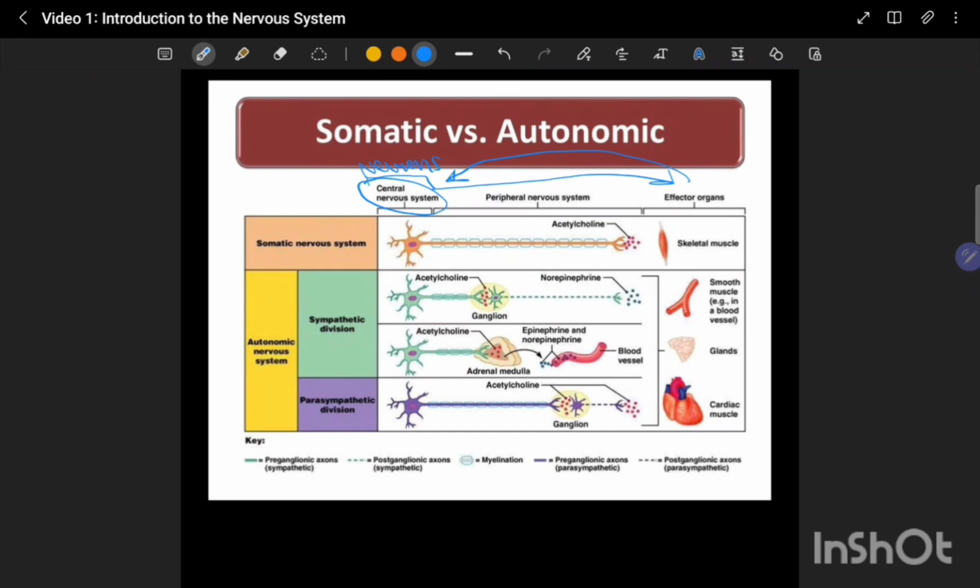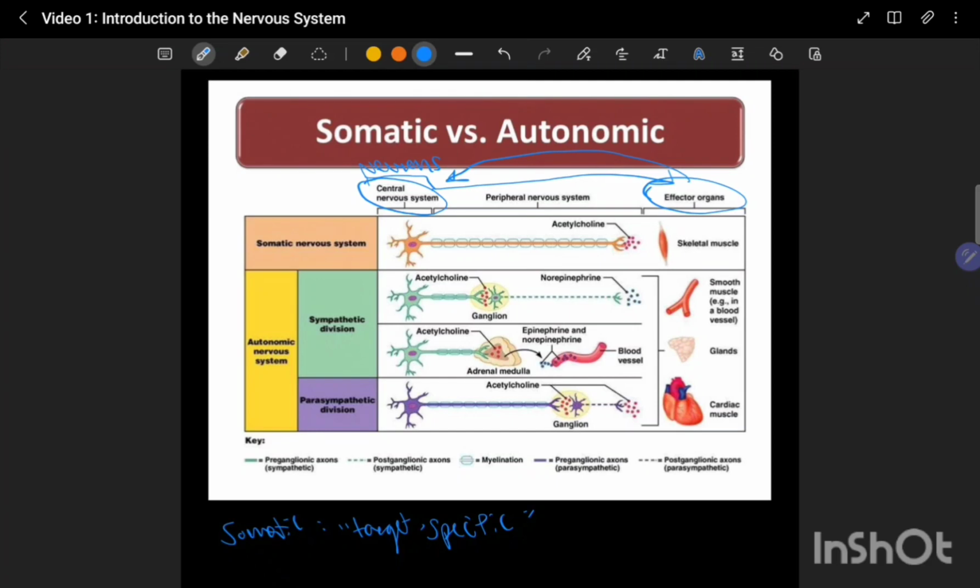So the really cool thing about our somatic system is it's really target specific. So let's go ahead and write that down here. Target specific. And what that means is, in every case of the divisions of the nervous system, we're going to start with neurons in the brain that are going to communicate with the effector organs.